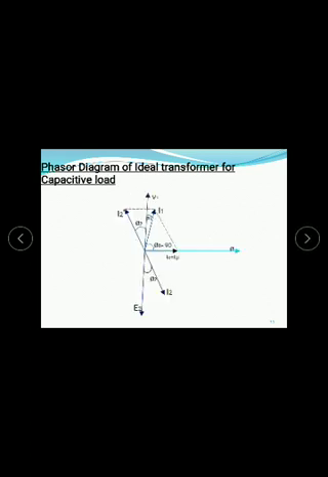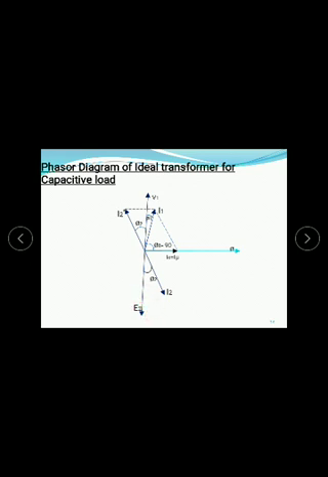See here for capacitive load. In a capacitive circuit, the current is leading. So here the current is leading by phi2 degrees with respect to E2.